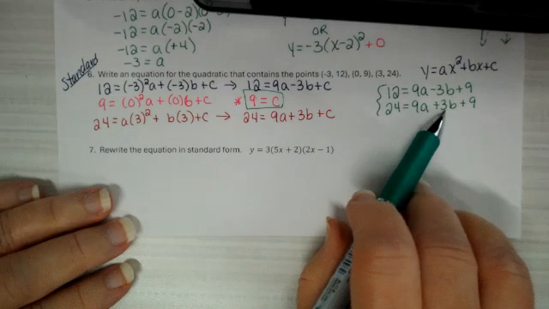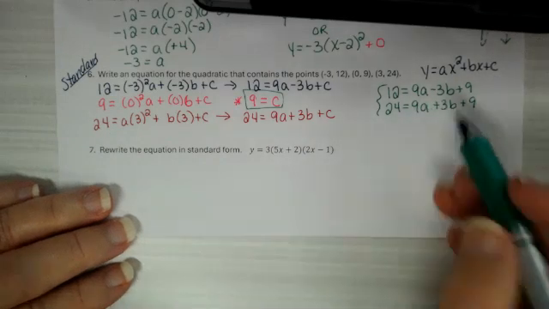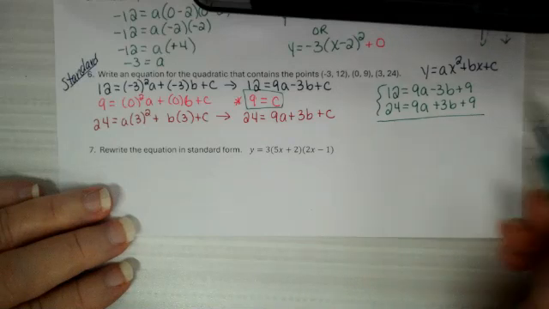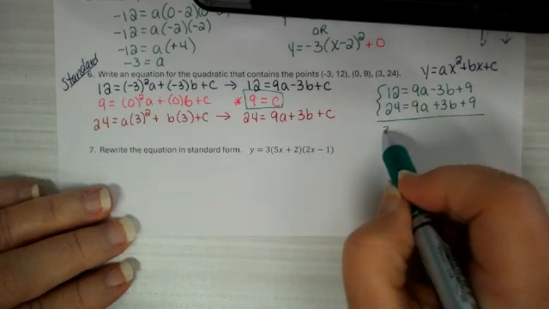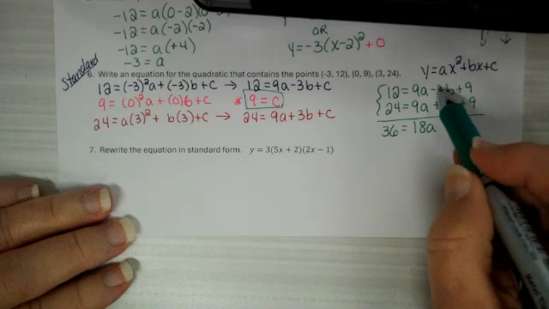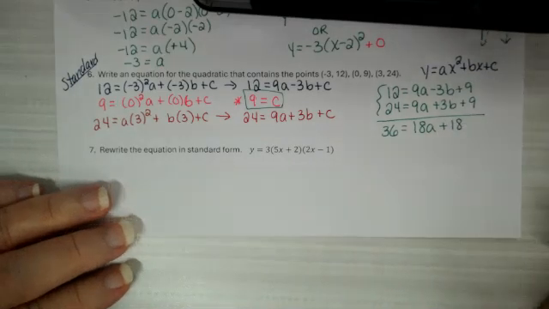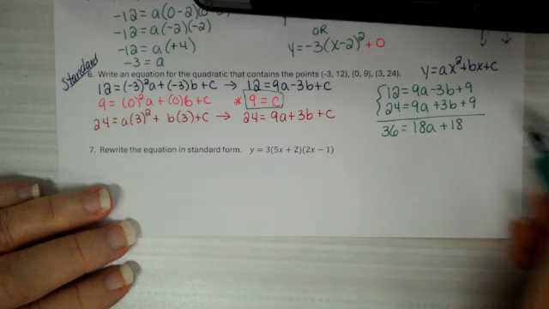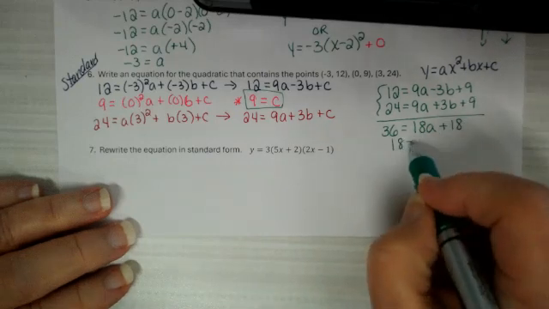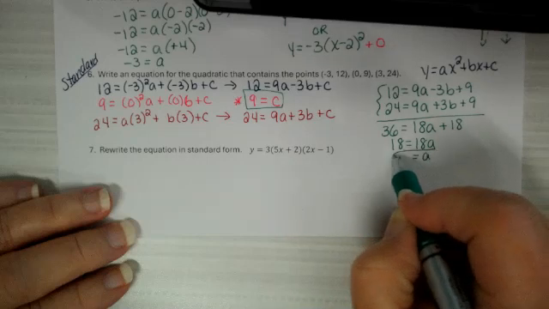And I'm noticing that these are already opposites, so I don't have to do a whole lot of work to do my elimination. Let's add these together. 36 equals 18a, negative 3b plus 3b cancels, plus 18, 9 plus 9. When I subtract the 18 from both sides, I think a equals 1.